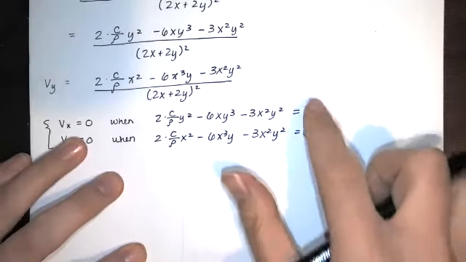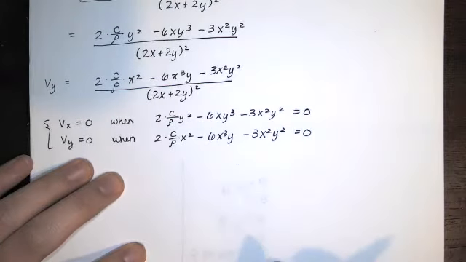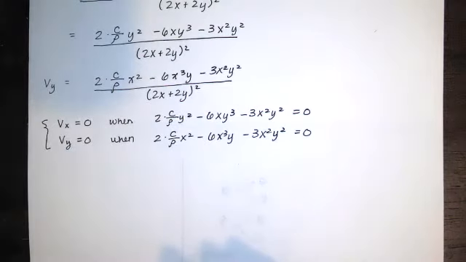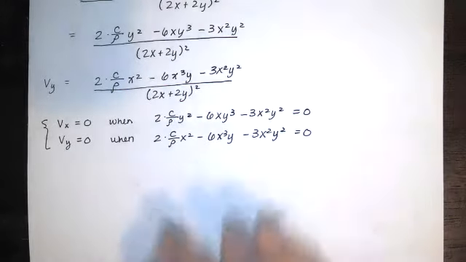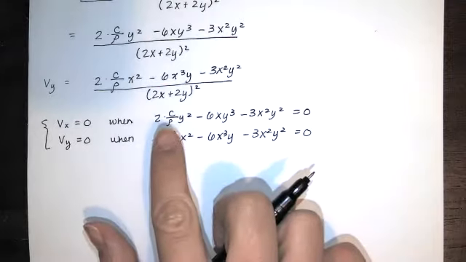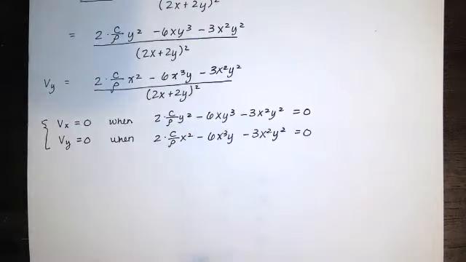Okay, so we've got that equals 0 and that equals 0. Now, usually if I'm solving an optimization problem and I've got two polynomial equations, the easiest way to get started is to factor those polynomials as much as possible. So I've got a 2, a -6, and a 3, so I can't factor out a constant.